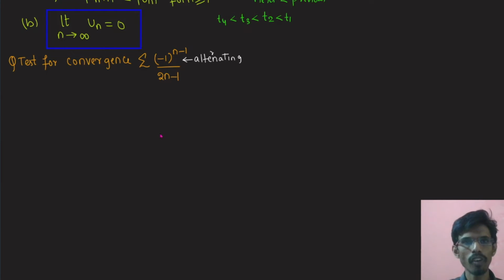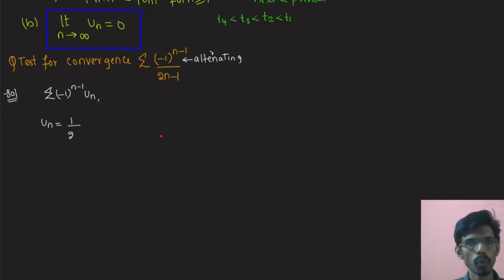Now compare with the standard form (-1)^(n-1) un. Here the value of un is 1/(2n-1), which is the nth term of the series.